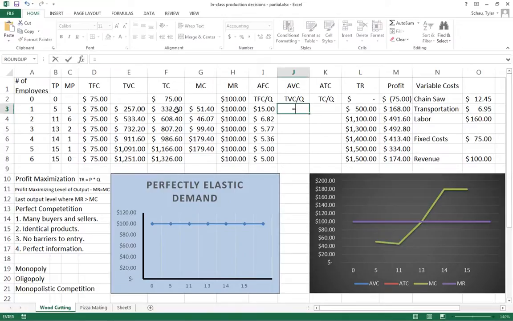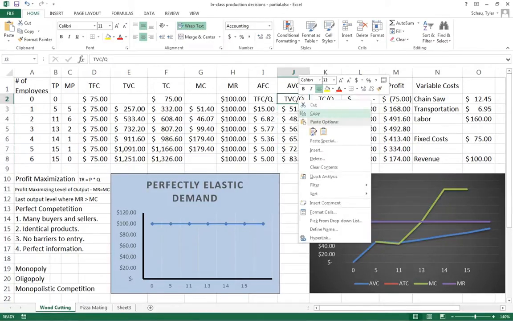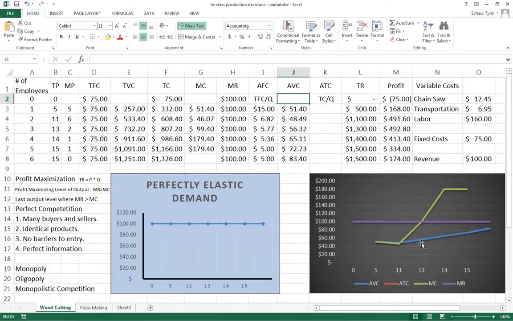Average variable cost, take total variable cost divided by total product. Much like marginal cost, notice what happens here. We start, let's see here, I'm going to get rid of this just because it's kind of messing my graph up. We start at the same, our average variable cost is the same as our marginal cost here.